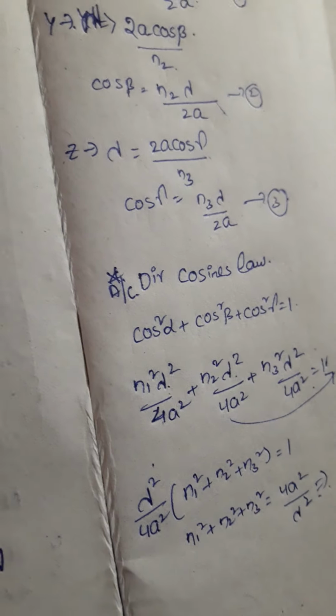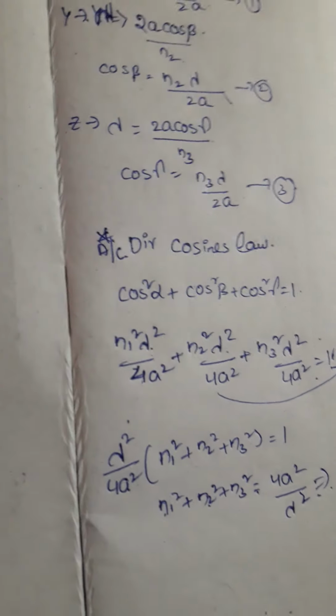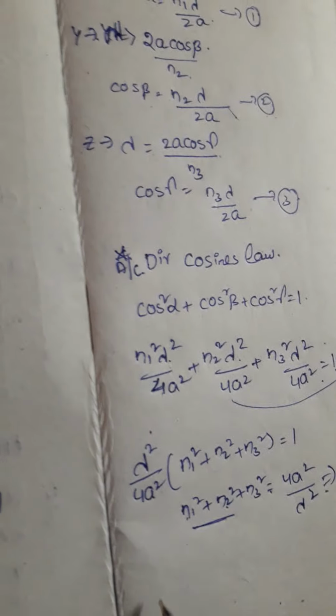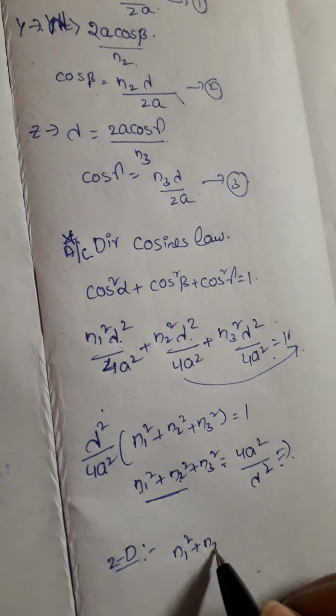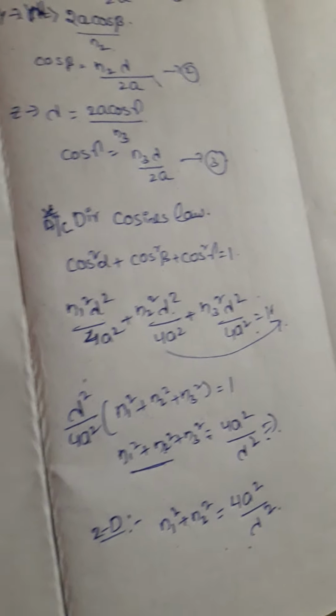This belongs to three dimensions, because n1, n2, n3 are three different integers along the x-axis, y-axis as well as the z-axis. For simplification purposes I am considering only two-dimensional integers. That is, n1 square plus n2 square equals 4a square by lambda square.